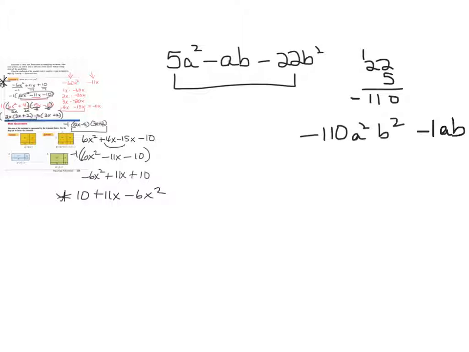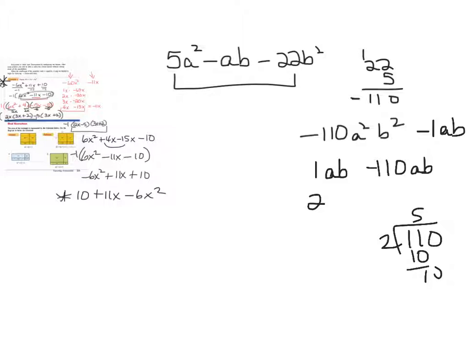So for this, if I multiply, I could start the list. Again, the bigger number is going to be negative. So 1ab times negative 110ab. And then if I do 2 times 110 divided by 2, 55, and keep listing.